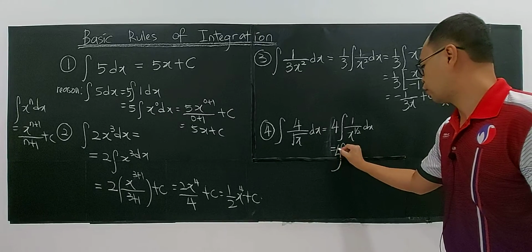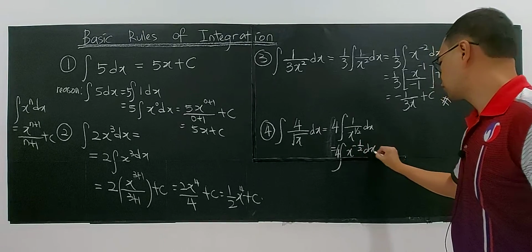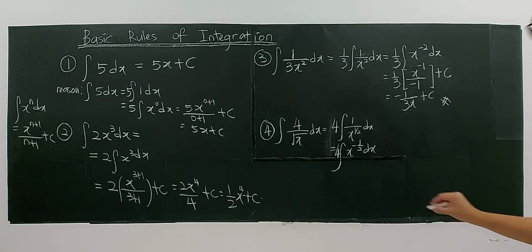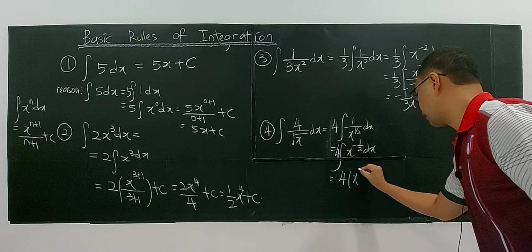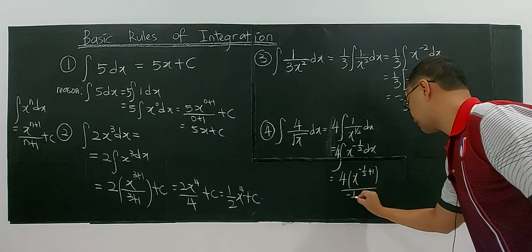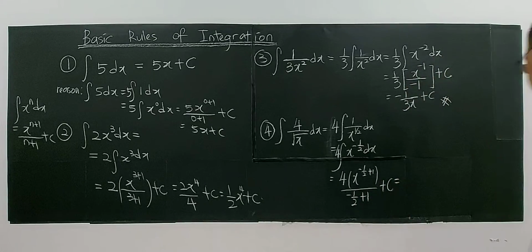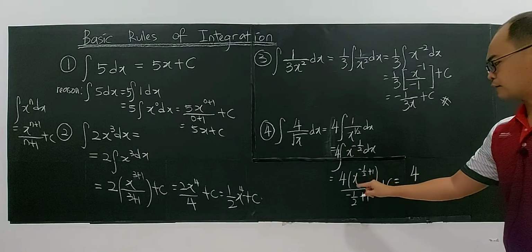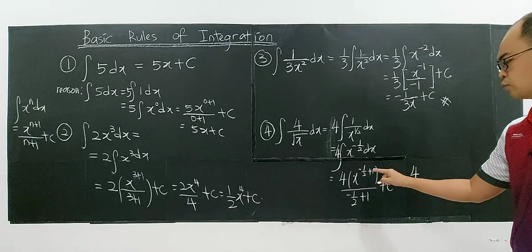So you have 4 times x to the power of negative 1 over 2 dx. Further, you take 4 times x to the power of negative 1 over 2 plus 1, divided by negative 1 over 2 plus 1, plus c. Negative 1 over 2 plus 1 is 1 over 2.